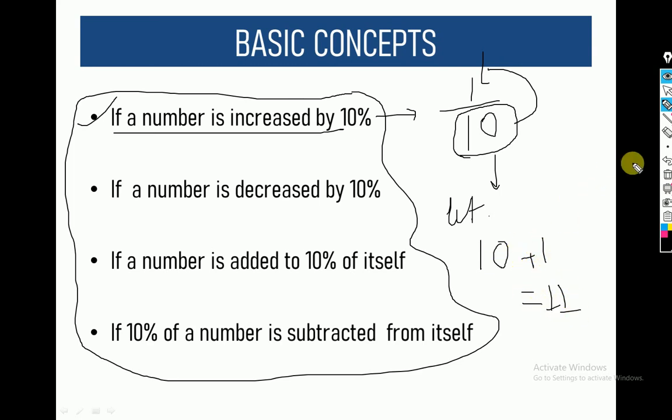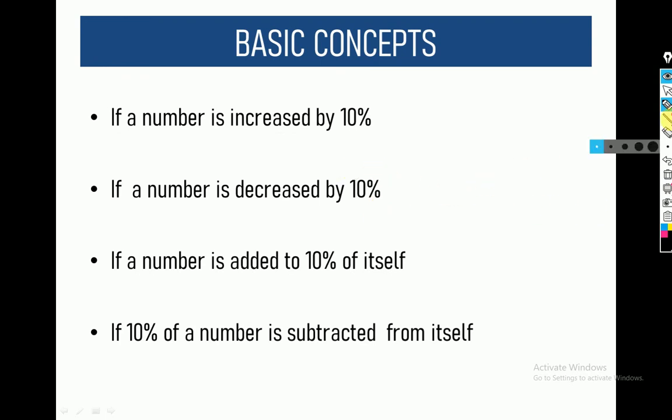So this means that the original number is 10 and the increased number is 1, so the final number is 11. So if it said that if a number is increased by 20%, the fractional value of 20% is 1 by 5.